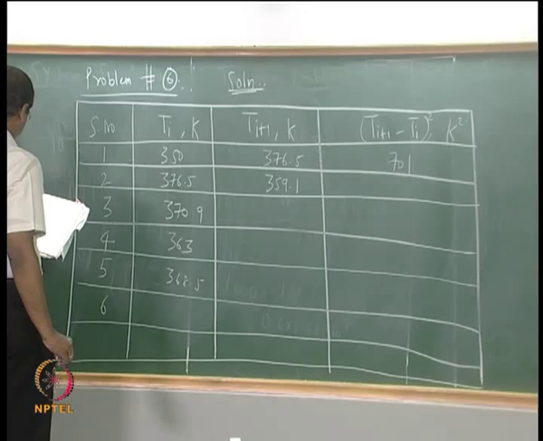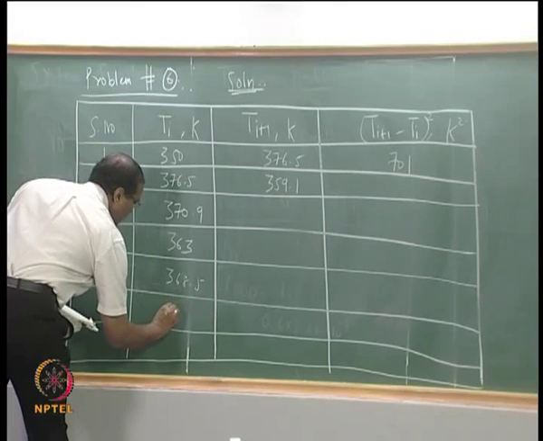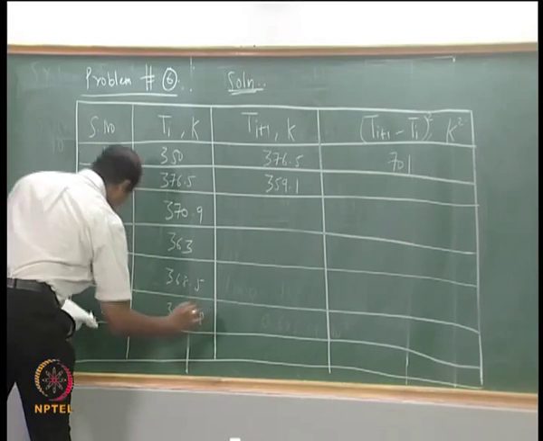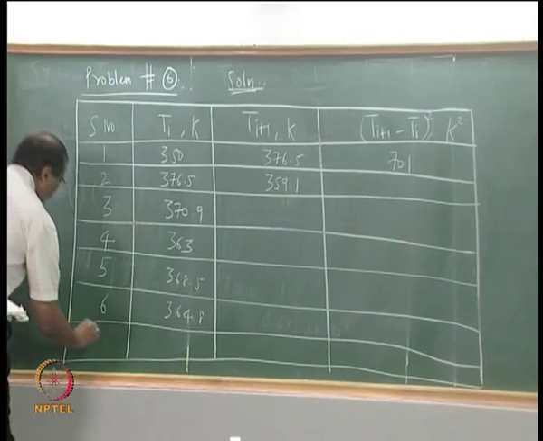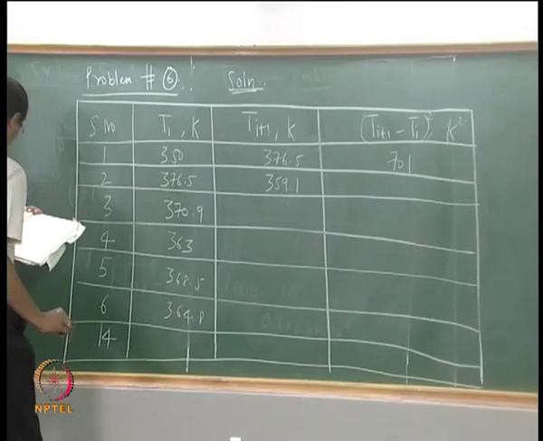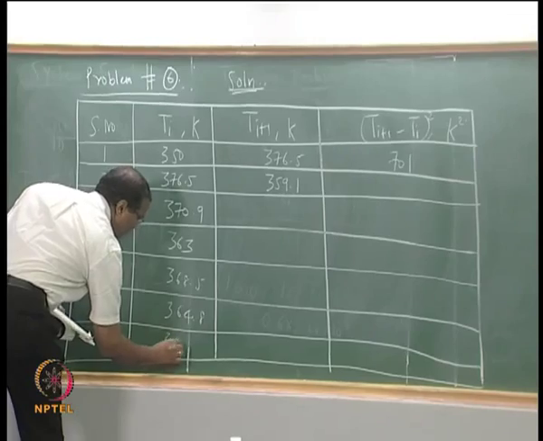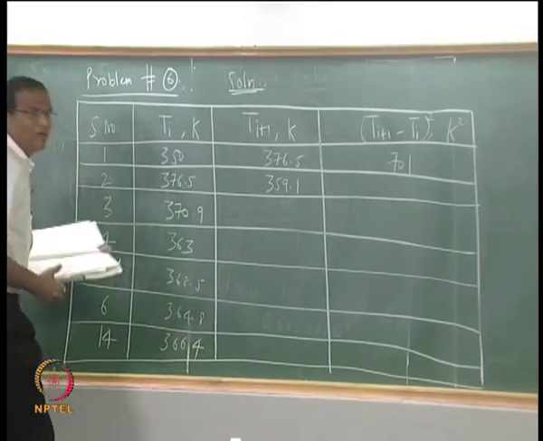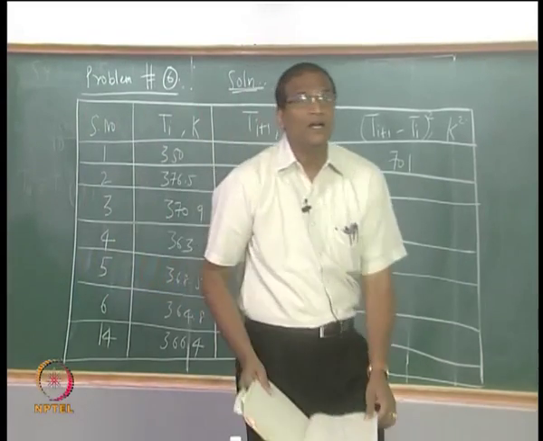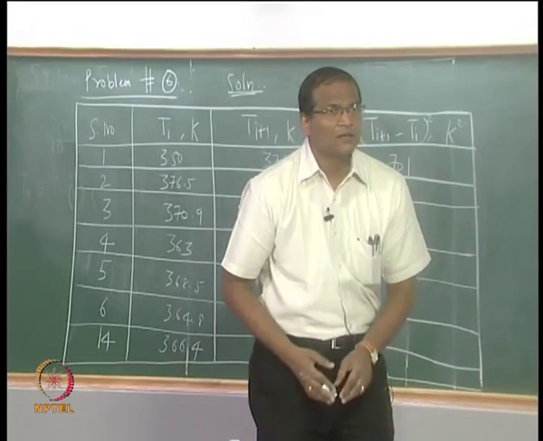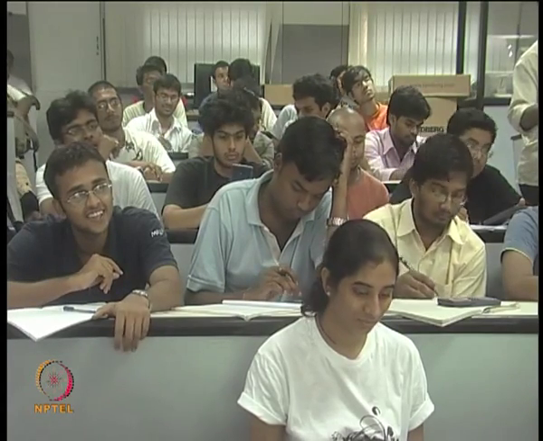Number 6 was 368.5, 364.8, and so on up to 14. Did somebody proceed beyond the 14th iteration? Okay. 366.4, which is like 93 degrees Celsius.